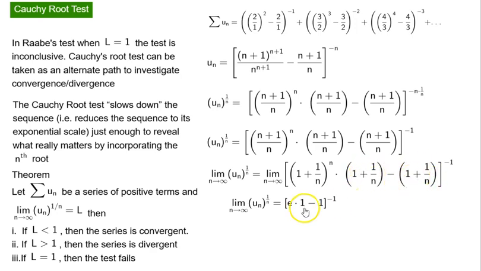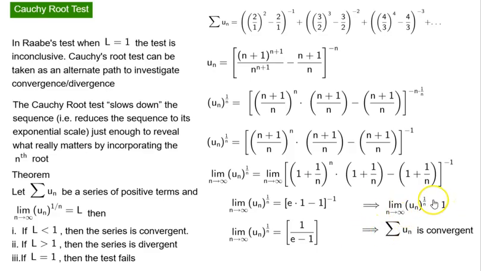This goes to 1. So we have E times 1 minus 1 to the power of minus 1. Simplifying it, we get 1 by E minus 1. Now, E is 2.718 or something like that. So minus 1 gives us 1 point something. So denominator is greater. That means this will be less than 1.